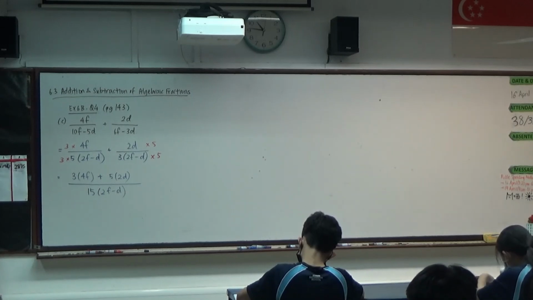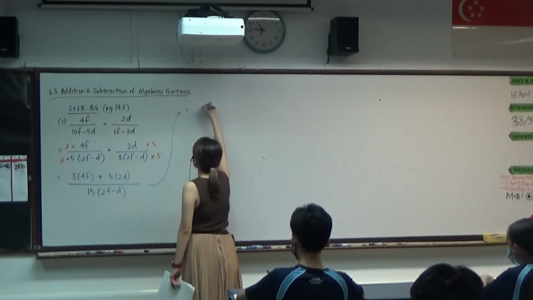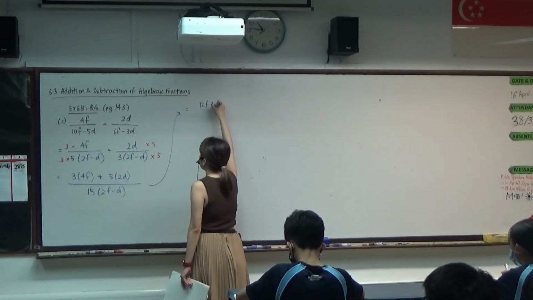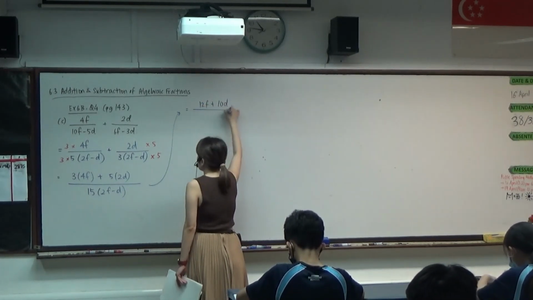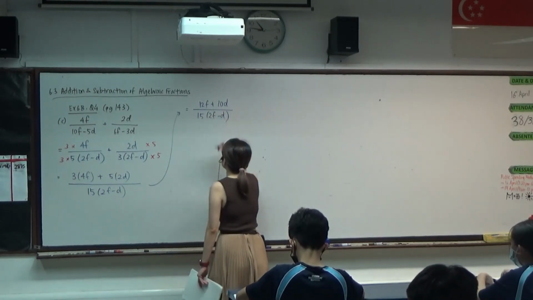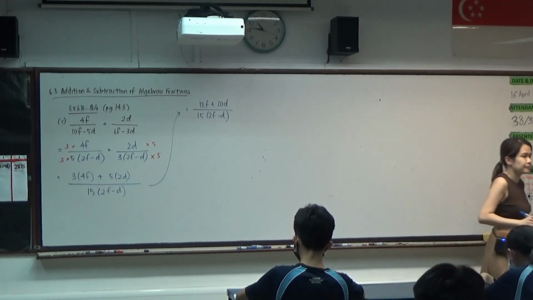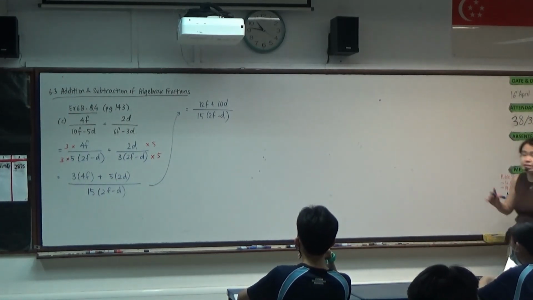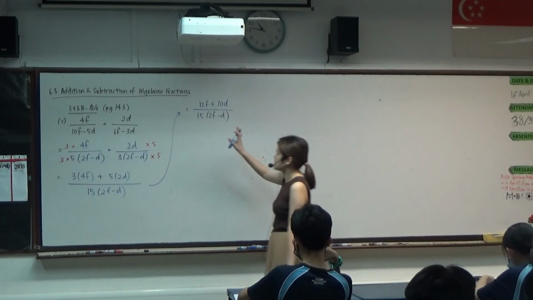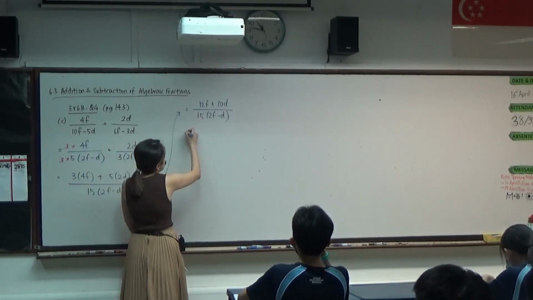Then we expand the numerator so that we can simplify it. So we have 12f plus 10d over 15 times 2f minus 10. You may leave the answer at this stage, or you can expand the denominator also, or you can factorize the numerator also.